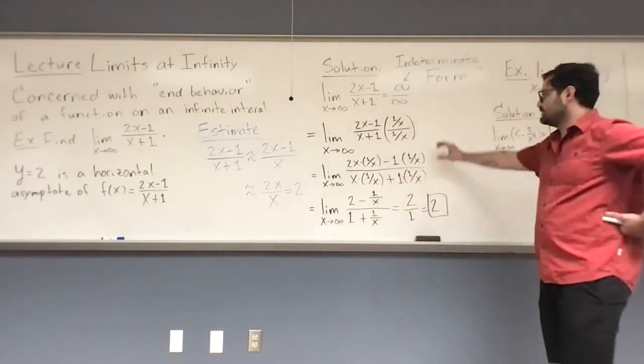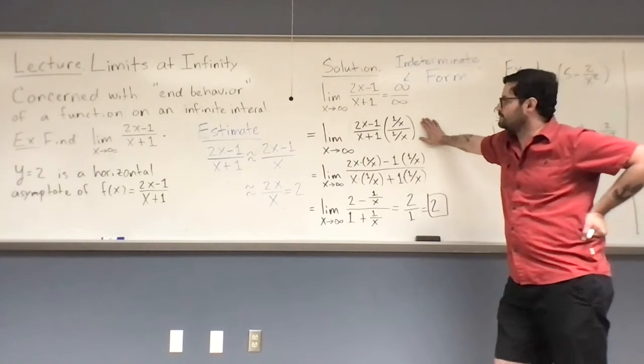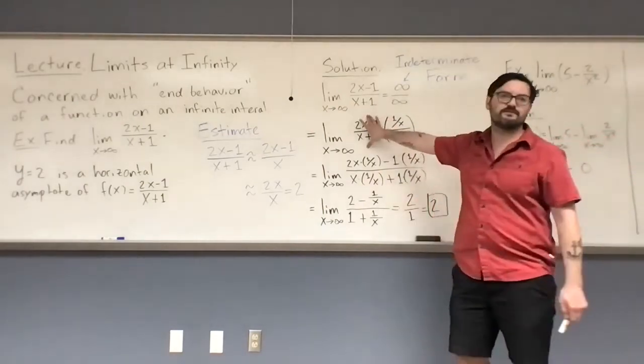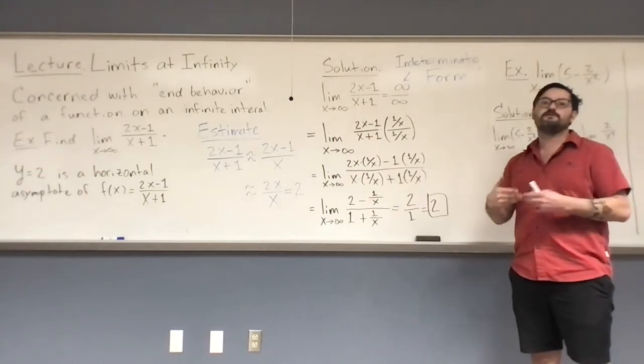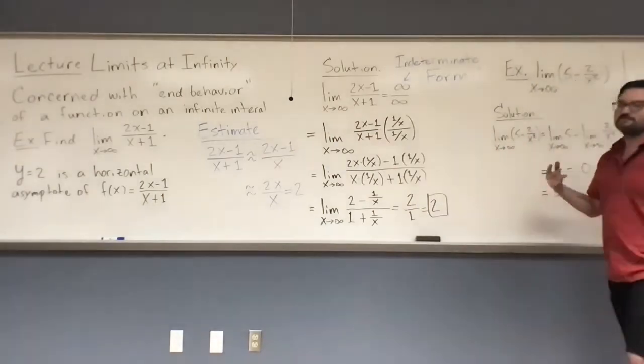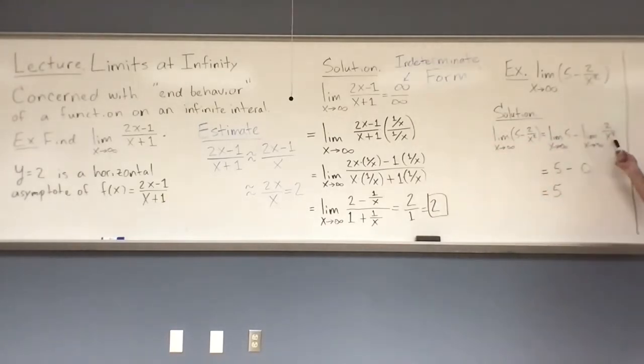Now, this technique is going to pop up in a bunch of these rational type problems. That's a rational expression right there, right? And you're just trying to enforce, through some clever multiplication of 1, a constant over x, because you know that that type of expression goes to 0 as x gets arbitrarily large.